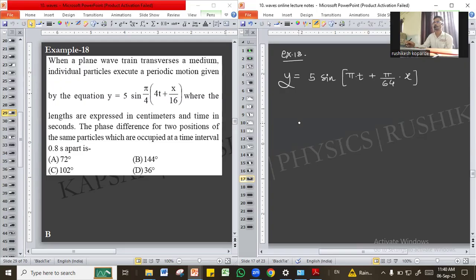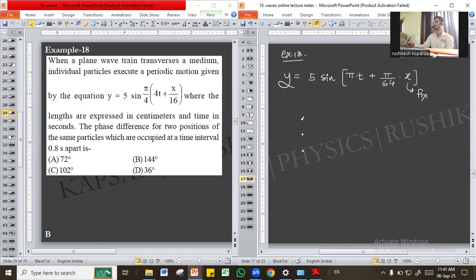The phase difference for the two positions of the same particle, okay, fix the particle. Now, if you fix the particle, right now its phase will be 0, after some time 90, 180, 270, 360. So the particle's phase is changing with time.